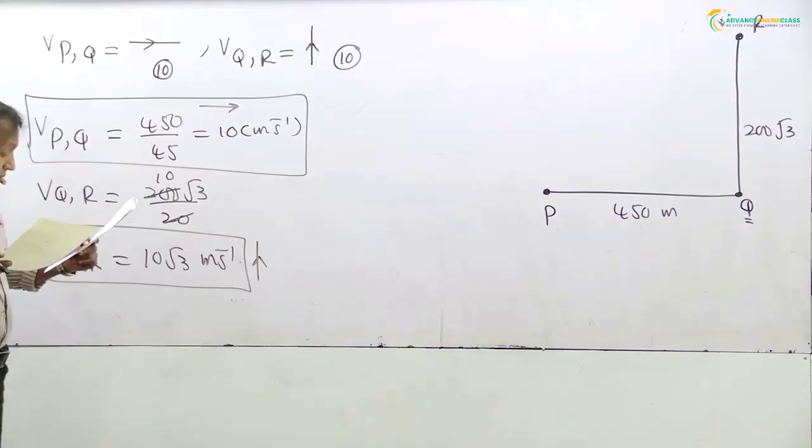Show that the speed of boat P relative to boat Q is 10 meters per second. That we proved.